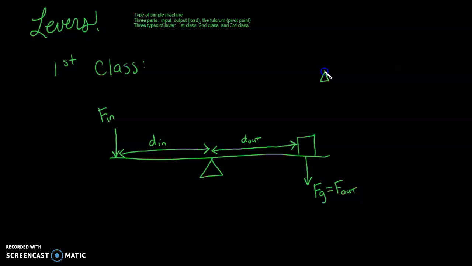So if I look at another example, if I have a lever here, and a long arm this way, and my load is still on the box, my distances do not have to be equal. Okay, and that'll be very important because the length of this lever arm plays a big part into how much force you actually have to put into the machine to get your load to move.